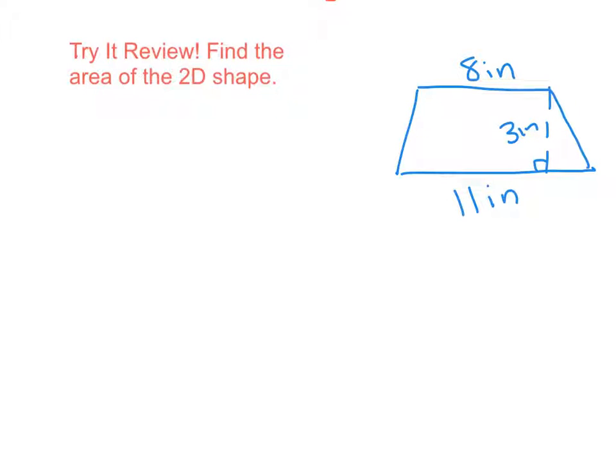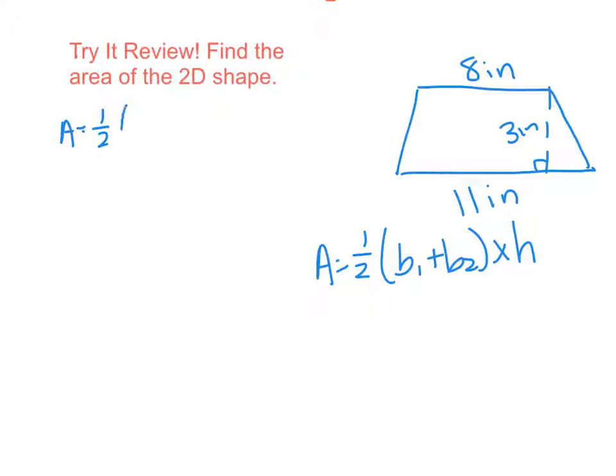Okay, hopefully you recognize that this is a trapezoid. As a reminder, the area of a trapezoid is 1/2 times base 1 plus base 2 times the height. Okay, so look for your different variables here.